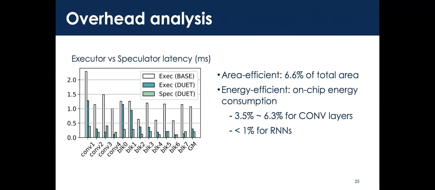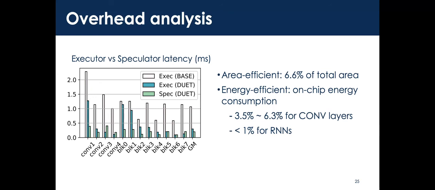And the overhead of the speculator running approximate modules is a major concern. As you can see in the figure, the gray bars are the base case without speculator. The blue bars and the green bars represent the executor and the speculator in the dual module architecture design. So the DUET latency, that is the largest among the dual module, is significantly less than the base case. And in most situations, the latency of the speculator is less than the executor.